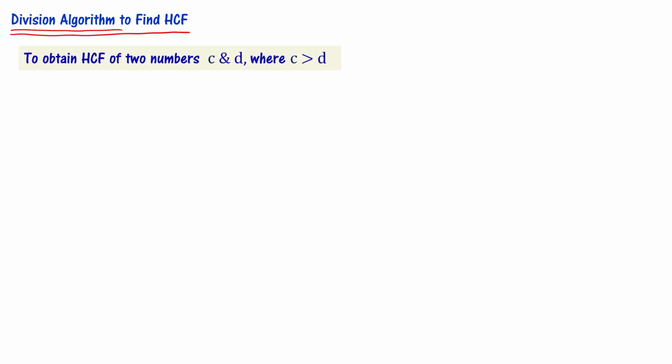For example, if I have two numbers C and D, where C is greater than D, and I want to find the HCF of these two numbers, then I can apply the division lemma to these two numbers. To apply the division lemma, can you recall what the division lemma is?